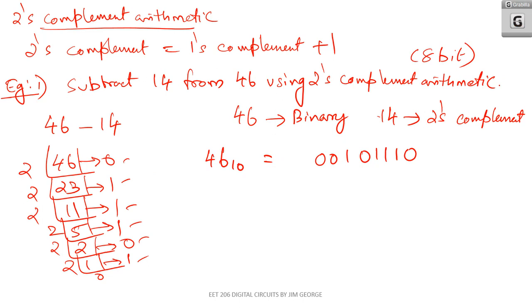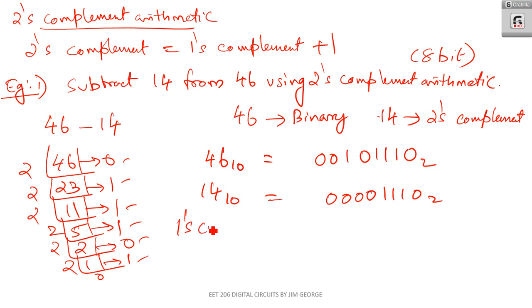Now, next one is 14. So what is 14 to the base 10? 14 to the base 10 is 1110 to the base 2. But you need to make it 8 bit. Now, how to take 2's complement of 14 to the base 10?